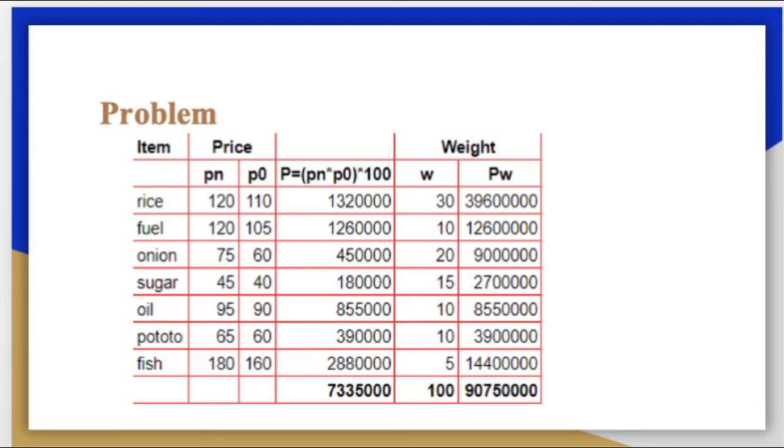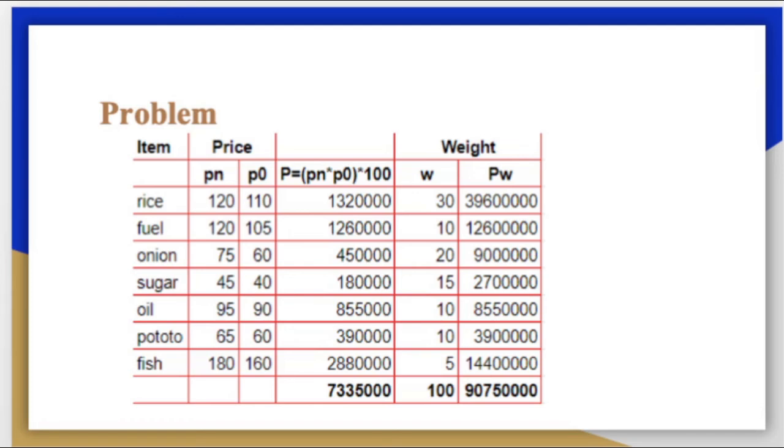So P here is Pn divided by P naught, the price of the current year relative to the base year, into 100. You obtain some amounts, and then we put some weights: 30 for rice, 10 for fuel, 20 for onion, 15 for sugar, 10 for oil, 10 for potato, and the rest for fish.